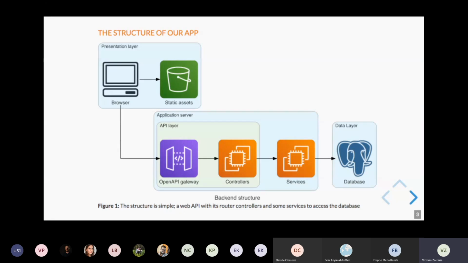So we have seen that there is an online editor for writing the API by following the OpenAPI formalism, and through that interface we can generate the skeleton of our application.